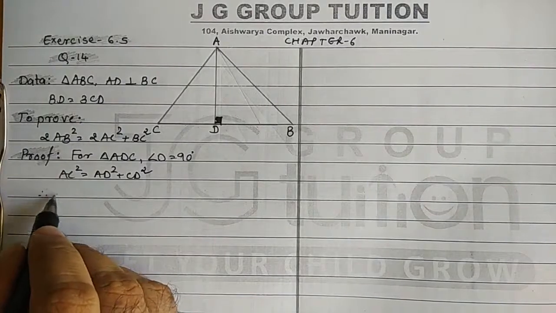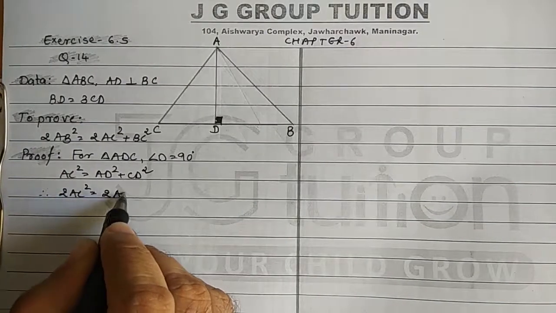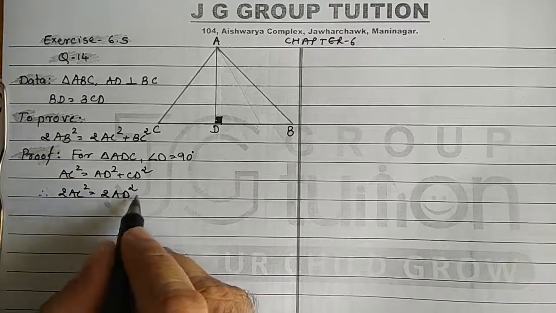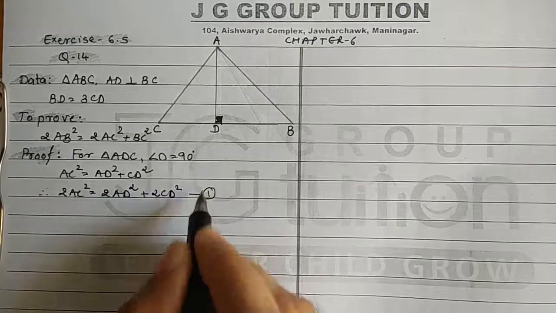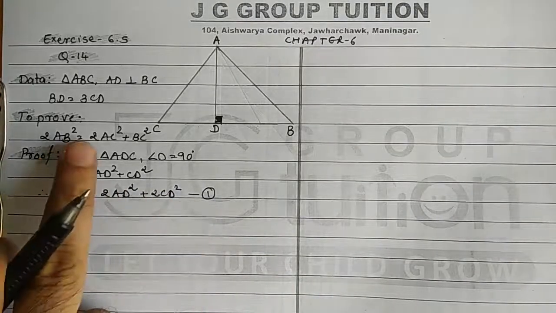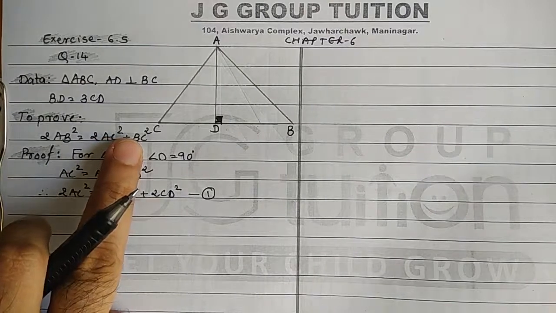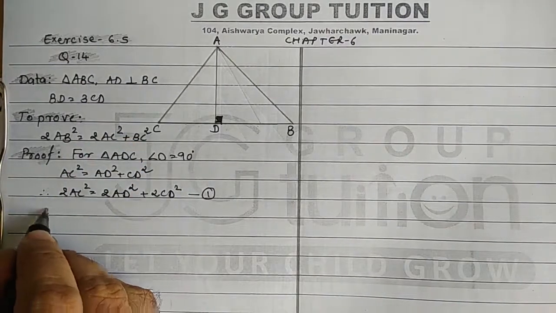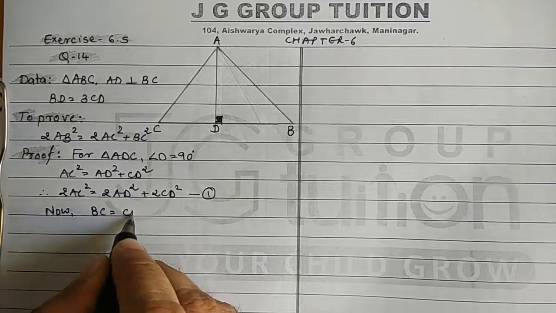So let us multiply this equation by 2, both the sides. Why am I doing this? It is purely based on the answer which you require. So the first equation I obtained is 2AC square. Now let's get BC square. The length of BC is not given. So we can say that BC is nothing but the sum of CD plus BD.